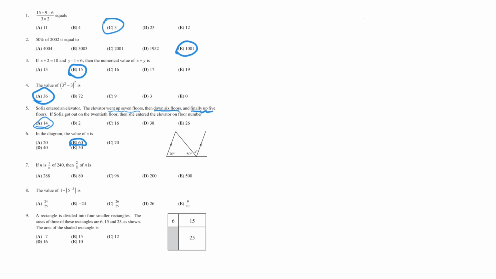Number 7. If n is 5 over 6 of 240, then 2 over 5 of n is what? We know that "of" in fraction and percentage problems means multiplication. So n equals 5 over 6 times 240.